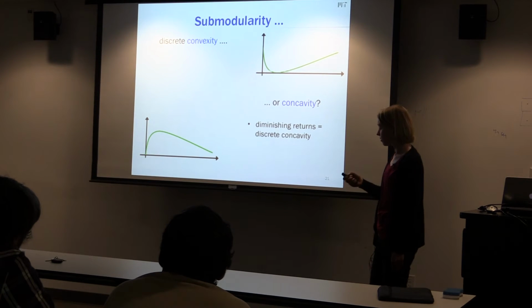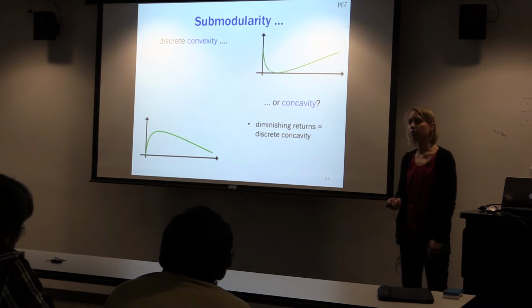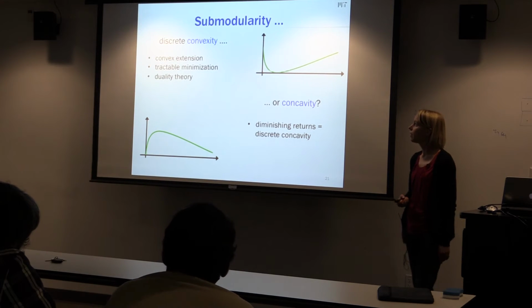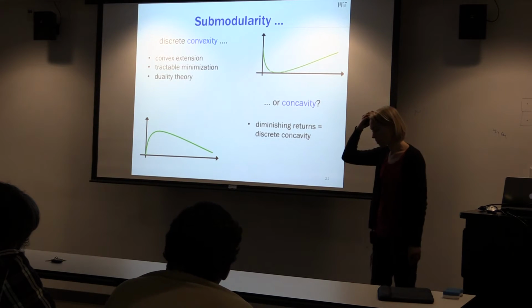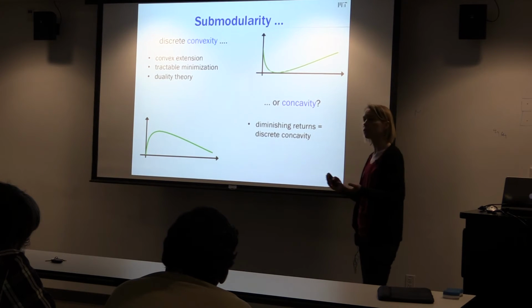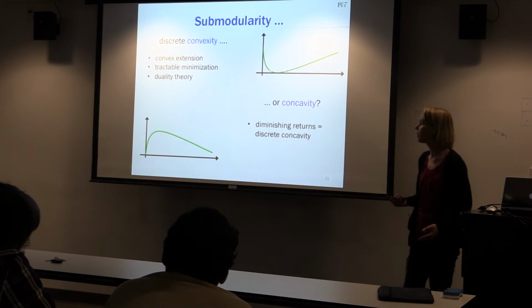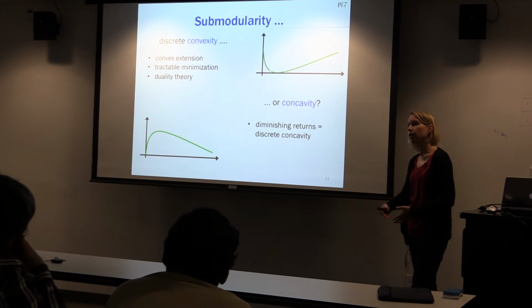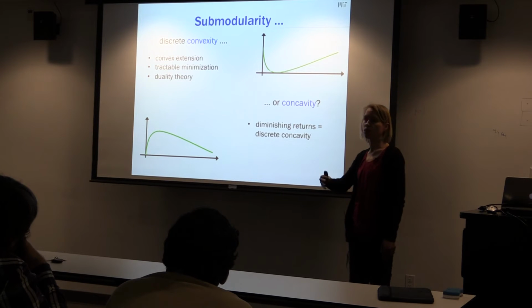On the other hand, as we will see, submodular functions still have a lot to do with convex functions. There's a convex continuous extension of the function which is computable, and there's a lot of duality theory that you can replicate for submodular functions that you have for convex functions.